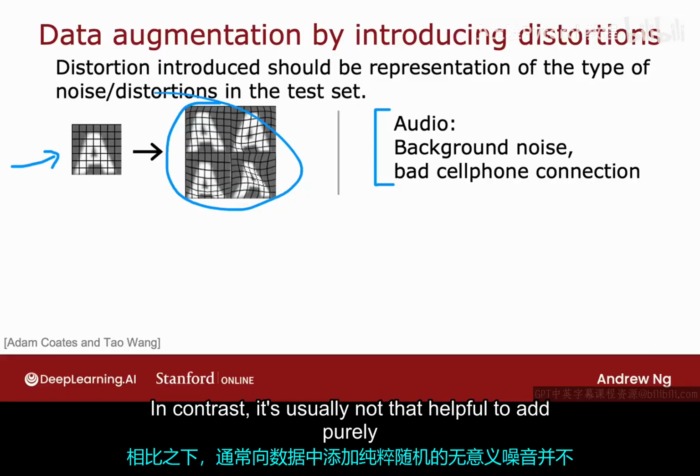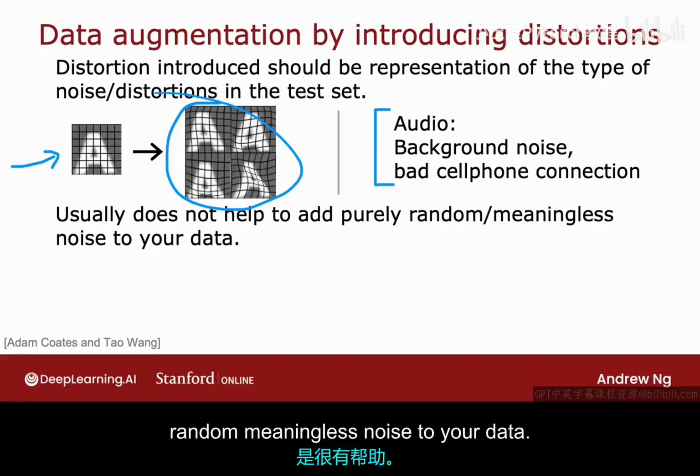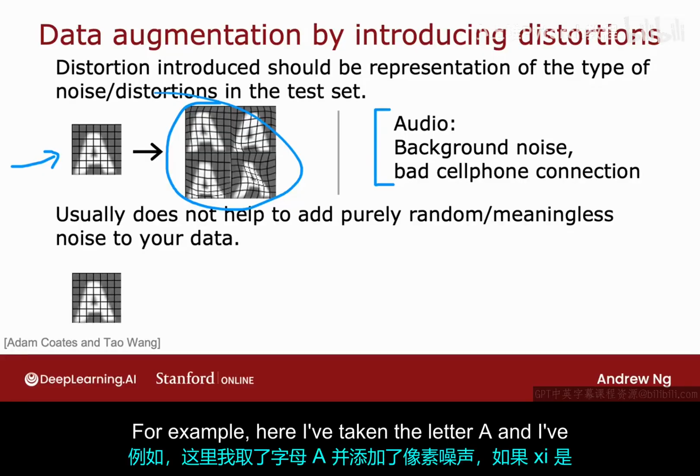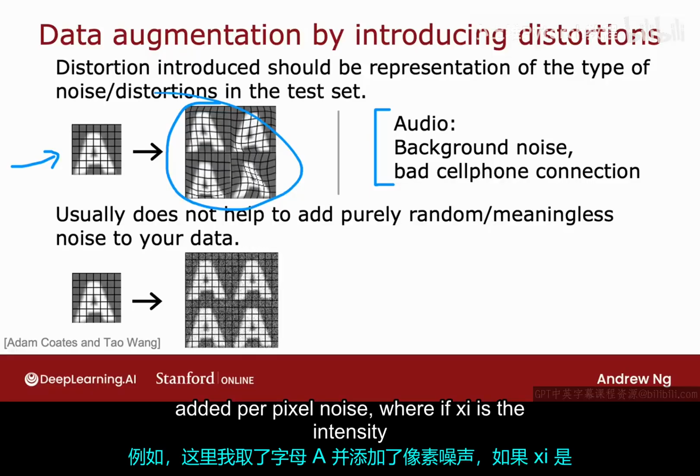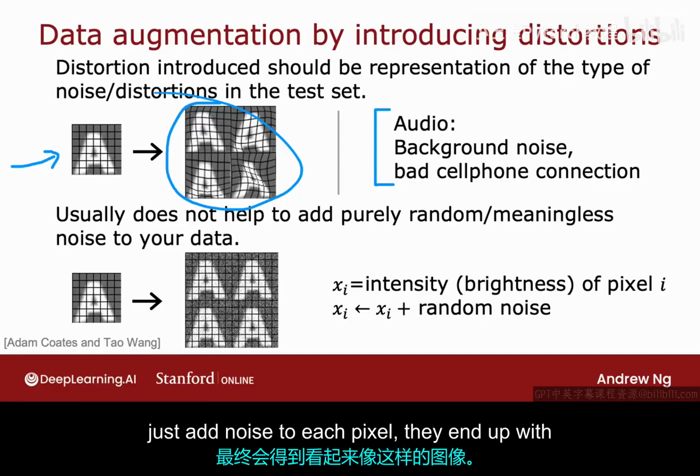In contrast, it's usually not that helpful to add purely random, meaningless noise to your data. For example, here I've taken the letter A and I've added per pixel noise, where if xi is the intensity or the brightness of pixel i, if I were to just add noise to each pixel, then you end up with images that look like this.